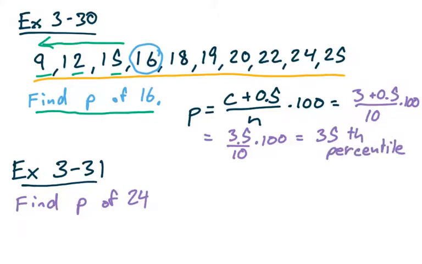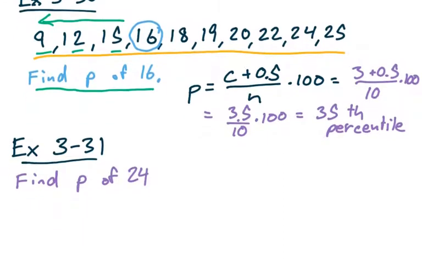Okay, so let's move on to example 3-31. In this one, it says, using the data in example 3-30, find the percentile rank of 24. So I've written that down as find P of 24. Similarly, we'll find that value in our data set and count the number of values below that number. So we have 3, 4, 5, 6, 7, 8 values below it.